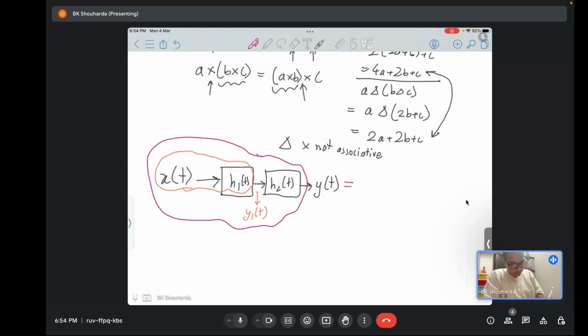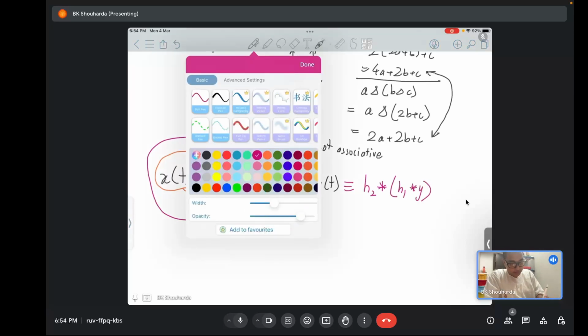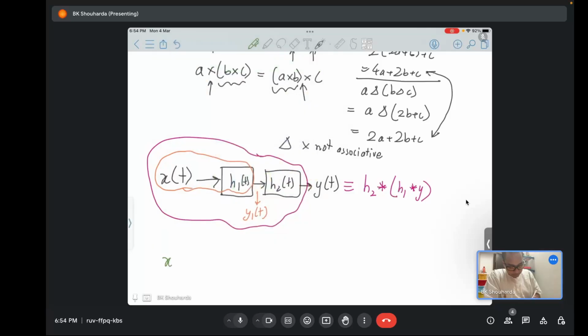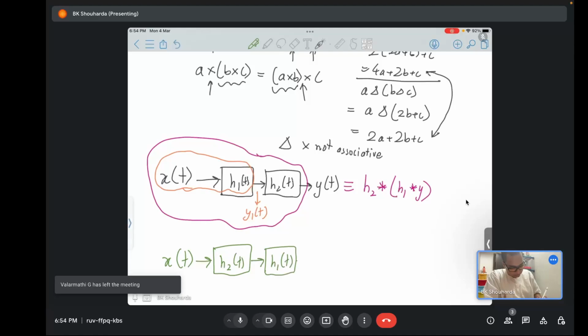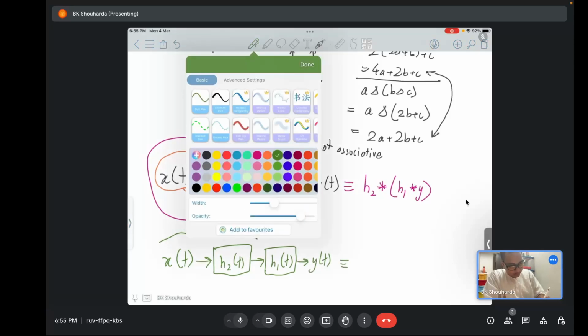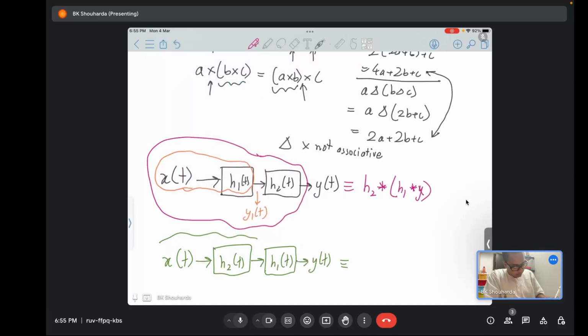So I can write yt as h2 convolved with y1. Now let's look at the other case: xt going to h2t, then h1t, giving yt.